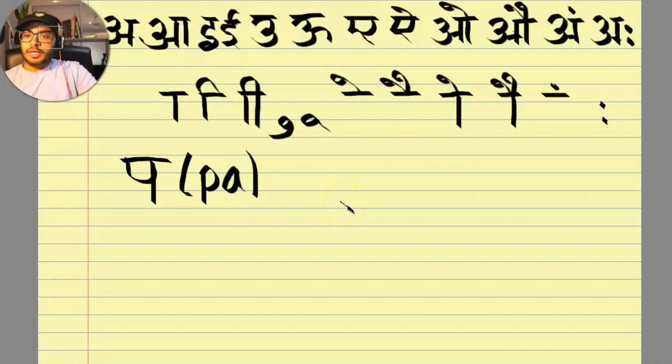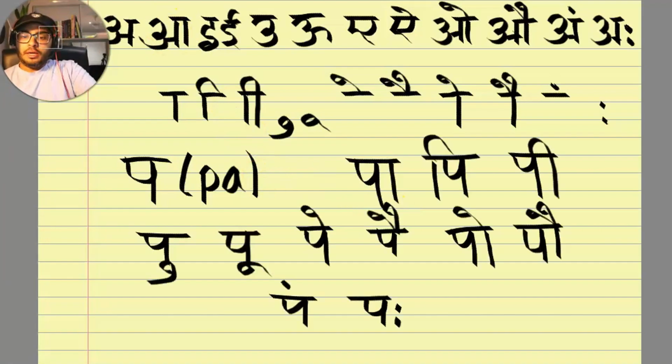And a word in Nepali that uses this sound would be something like pani. Pani means water in Nepali. The Barakhari for this sound would be pa, pa, pi, pi, pu, pu, pe, pai, po, pau, pum, paha.